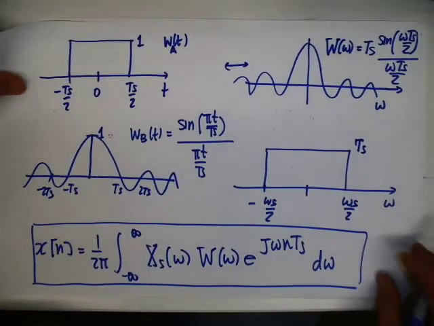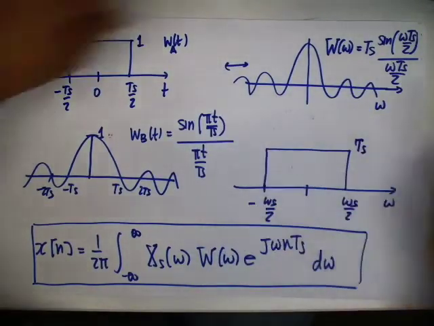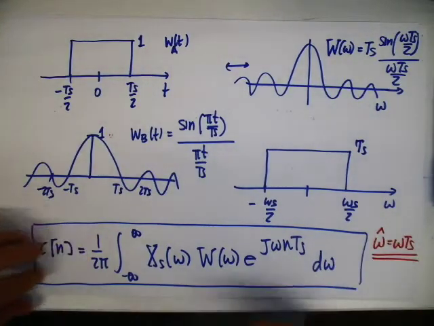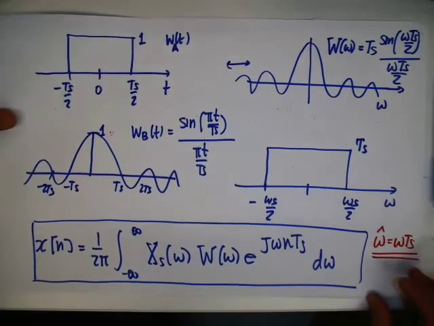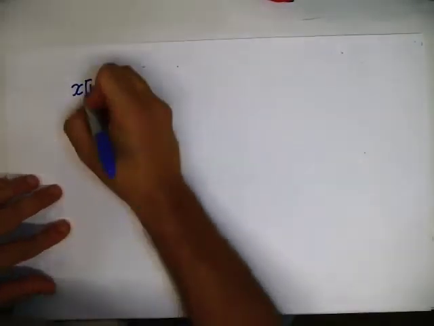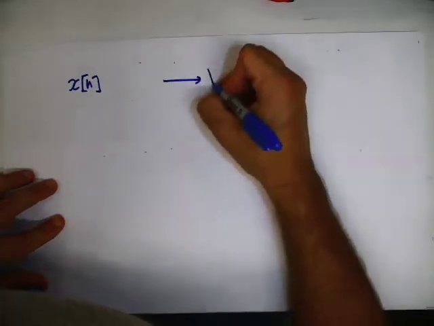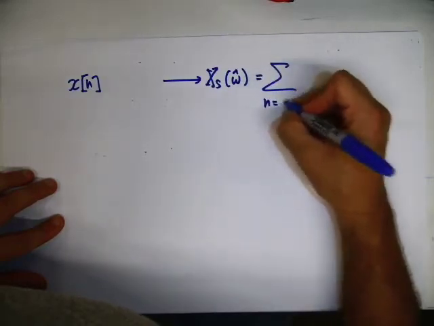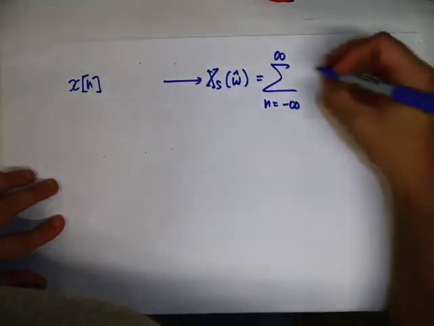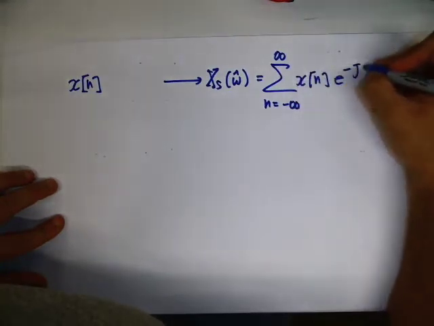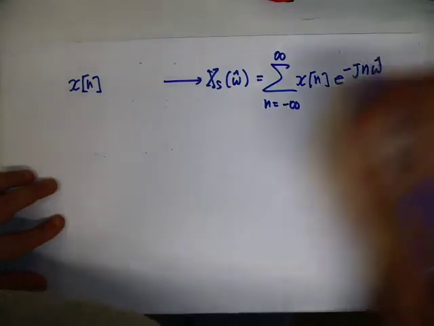Indeed, what we saw when we plug this expression inside here, and we define the cyclic frequency omega hat equal omega Ts, what we found is that, given x n, a discrete signal, I can compute its discrete time Fourier transform as the infinite sum from n equal minus infinity to infinity of x n e to the minus j n omega hat.